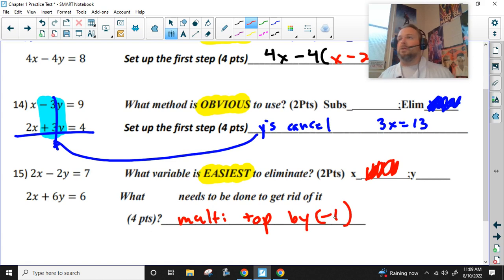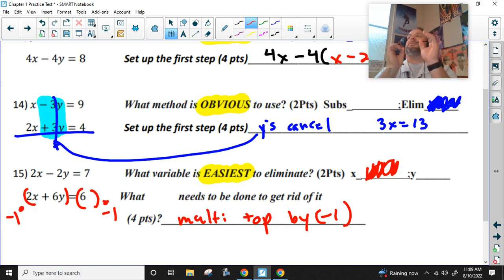Some of y'all said multiply bottom by -1. I saw people do this. Just, again, don't try to overthink what it is. If you are better at writing out the step like you would do in class, write out the step.